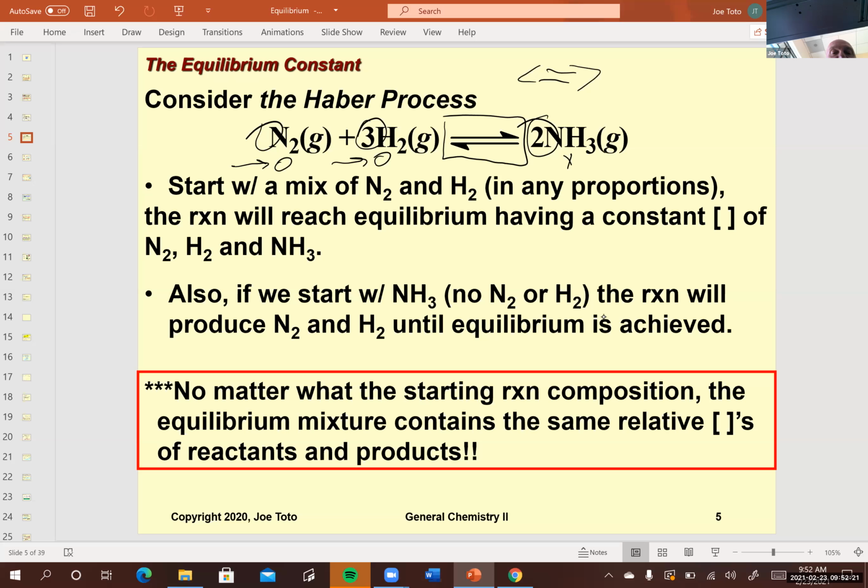Now, if I start with, say, just some N2, I can't expect this reaction to come to equilibrium unless I have some H2 in here too, because I can't use just N2 and make NH3 with it. There's no H in there. So you have to have some of all that's on one side or the other.